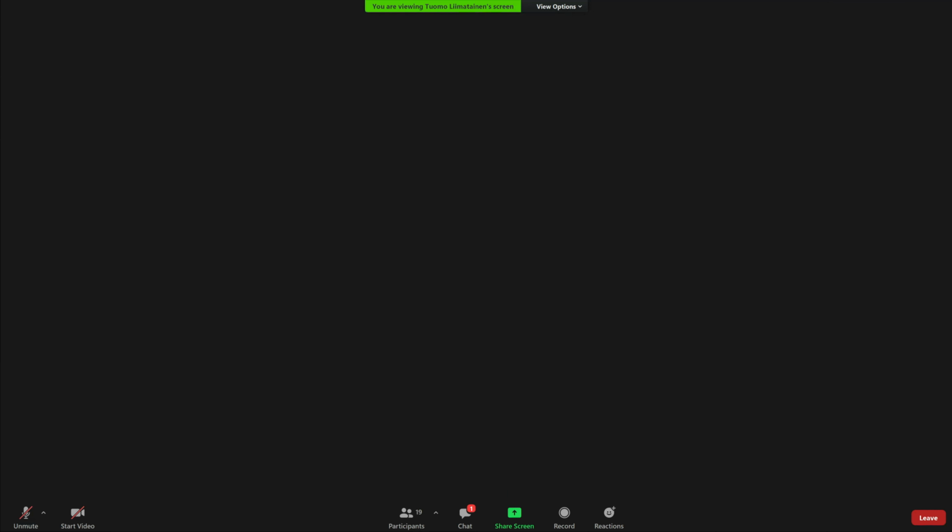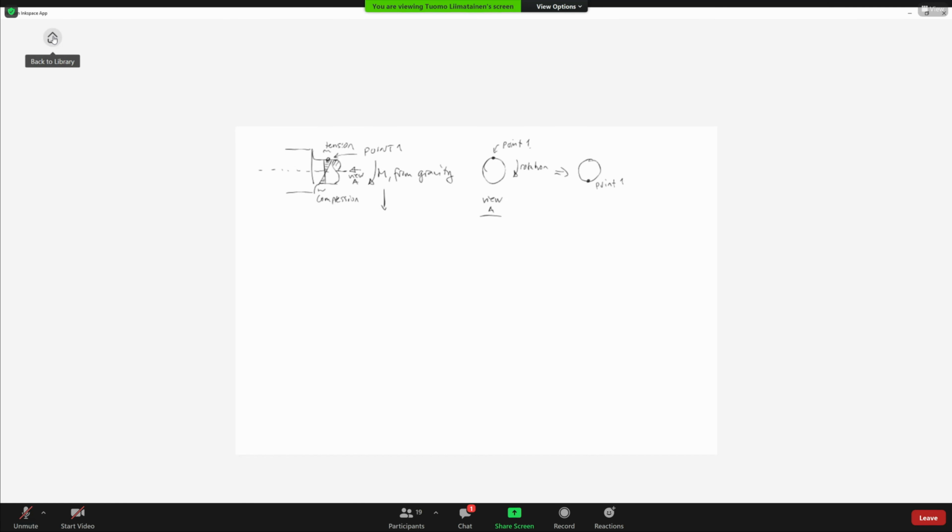And now, because the direction of the gravity is the same, it will mean that in this position of the shaft, point number 1 will see compression.